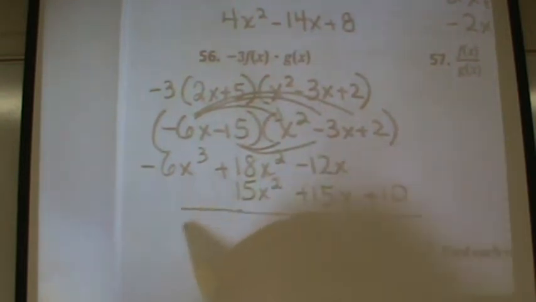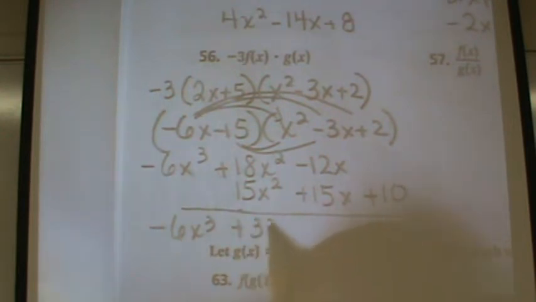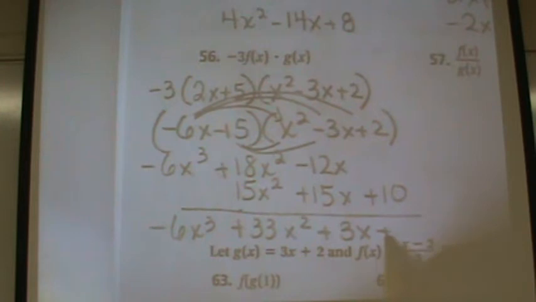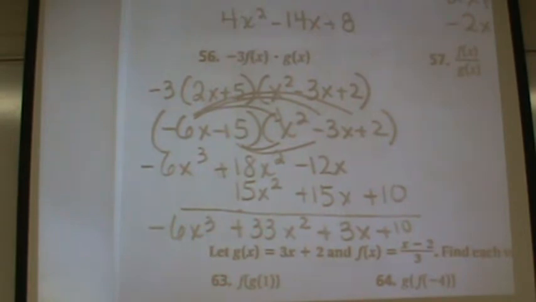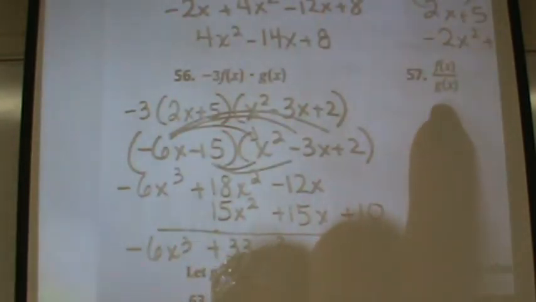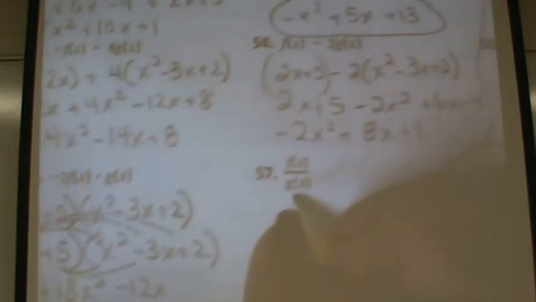Add these up, negative 6x cubed plus 33x squared plus 3x plus 10.